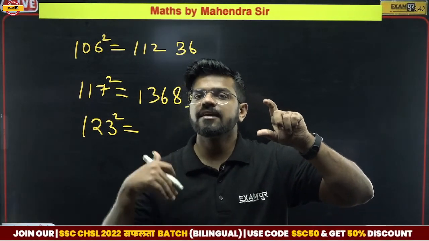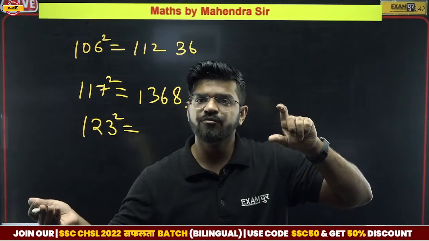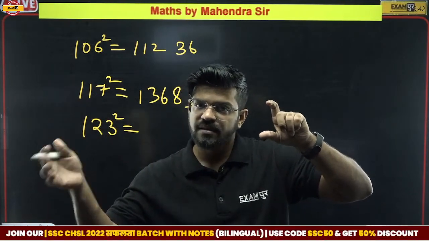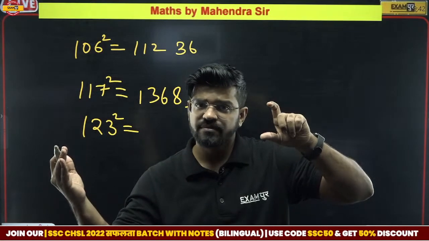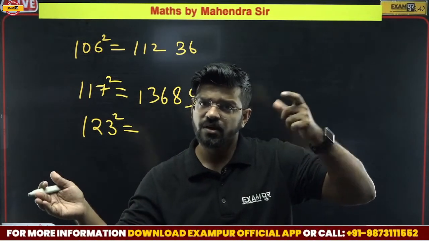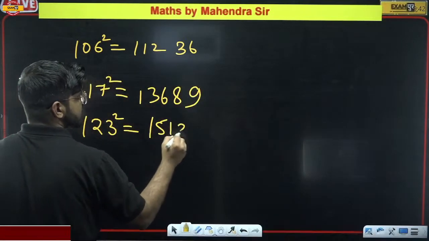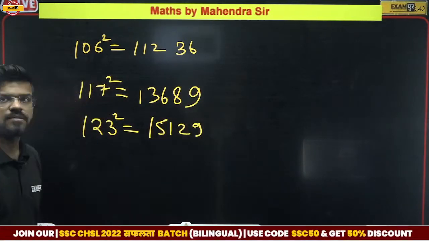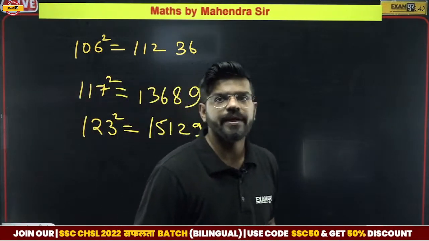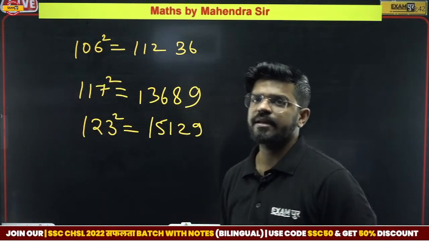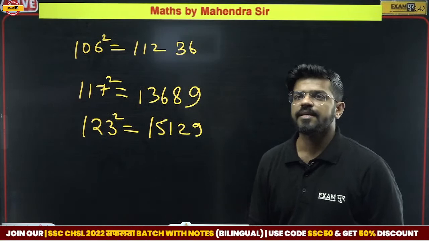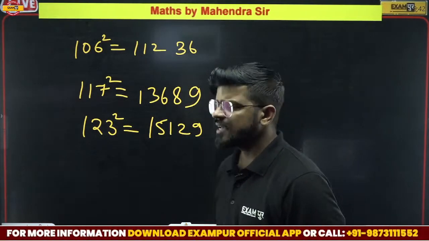If we double 23, it will be 46. So 146, carry is 5. Okay, so 151 29. Clear? 151 29. So this is how we have to calculate in mind. Is it clear to everyone?